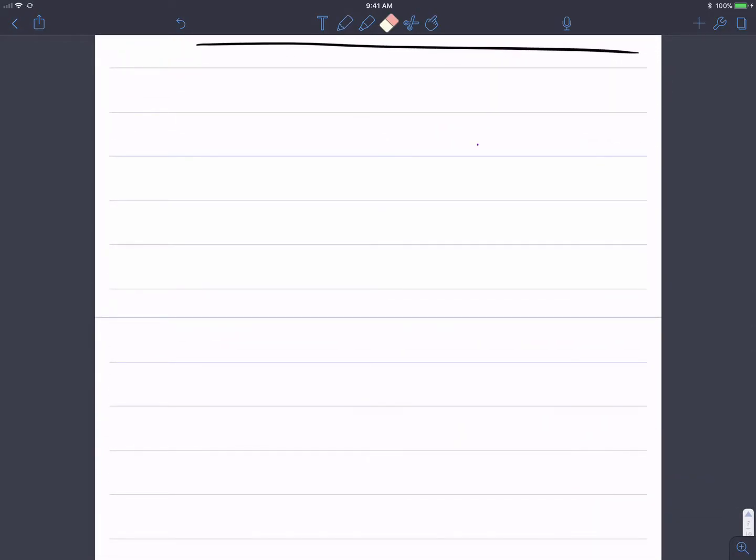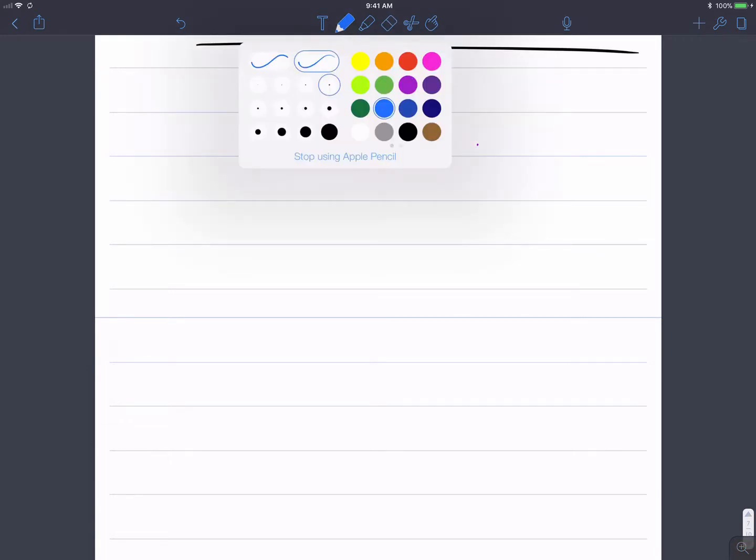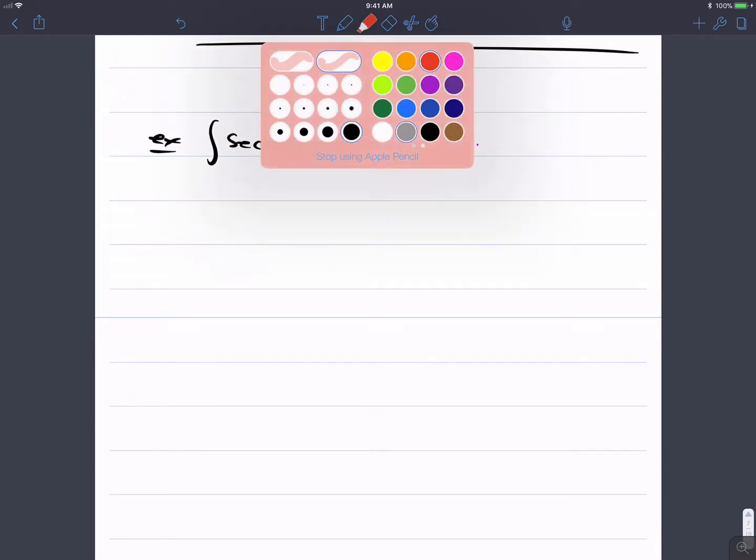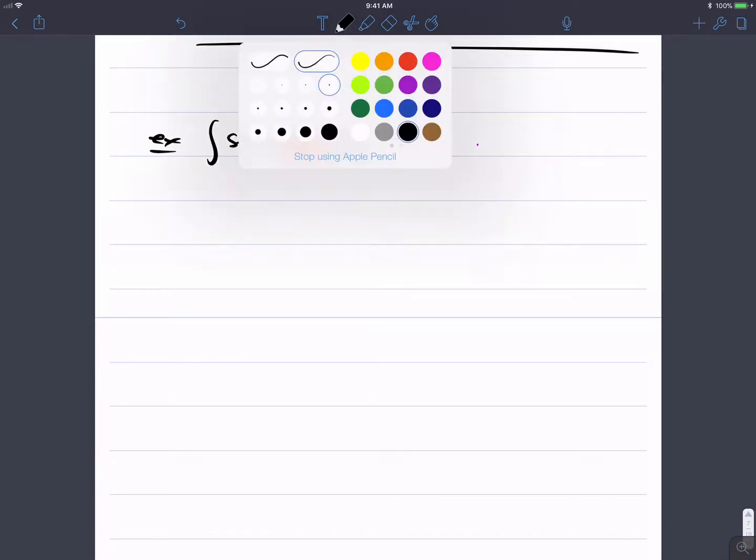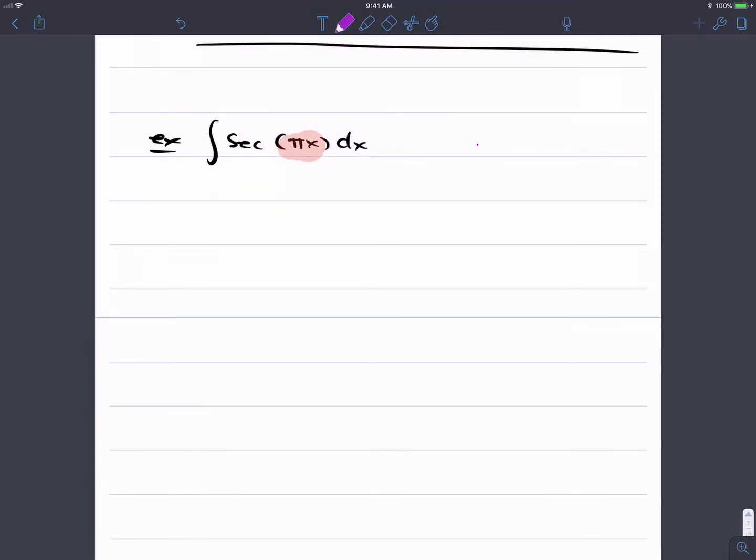Okay, we're going to continue with some u sub versions of our integration of secant. You can have the integral of secant pi x dx. Now notice here, we have pi x, not x, so that's going to mean we use u sub. So by u substitution, we're going to let u be pi x.